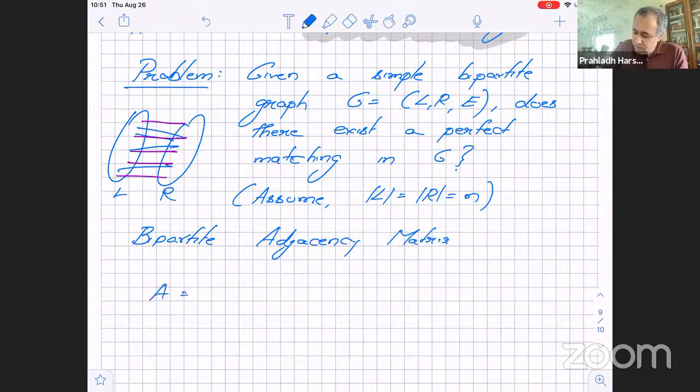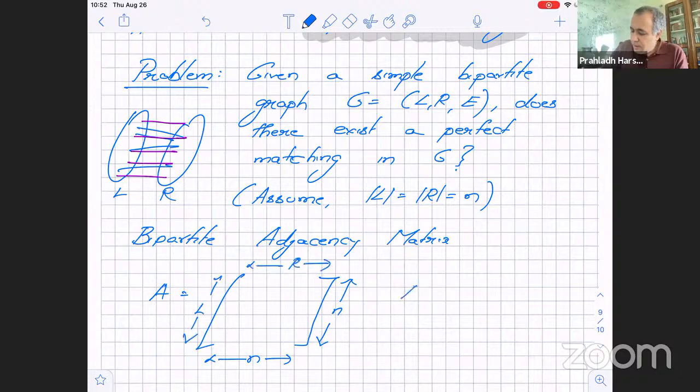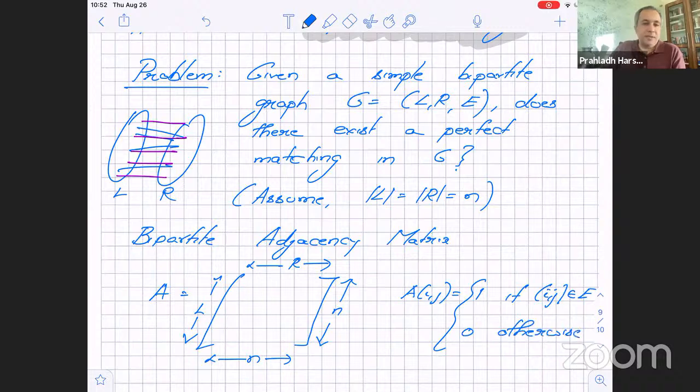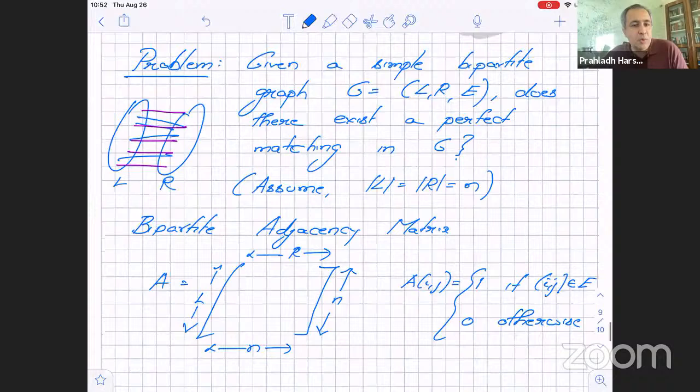So A is an n by n matrix, where this side corresponds to L, this side corresponds to R, and A_ij is 1 if (i, j) is an edge and 0 otherwise. So it's just a representation of the graph. This is what I call the bipartite adjacency matrix. It's a 0-1 matrix.